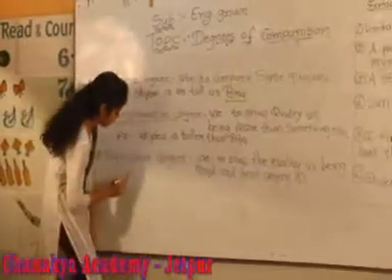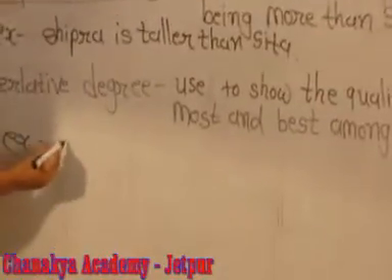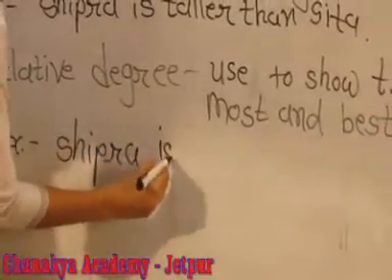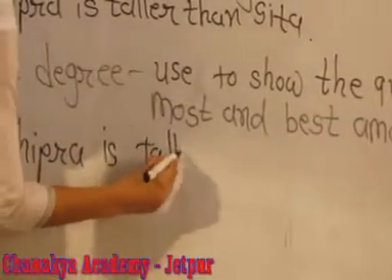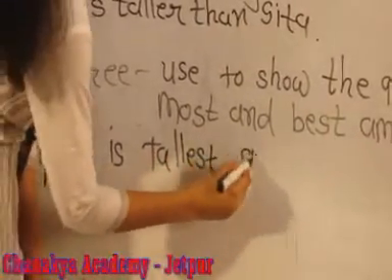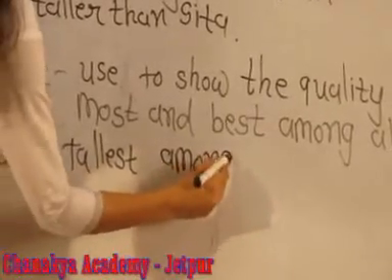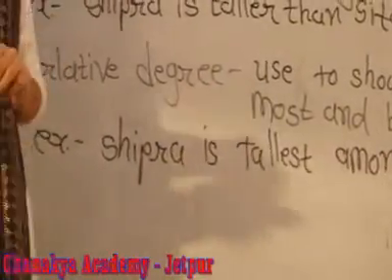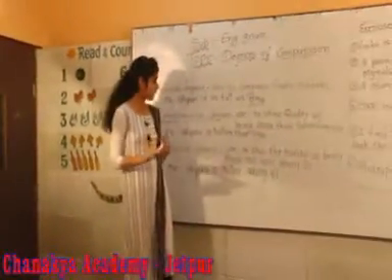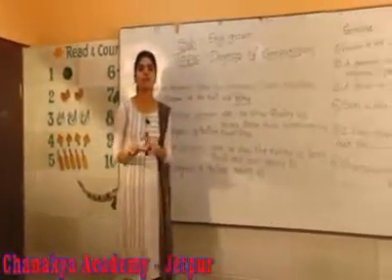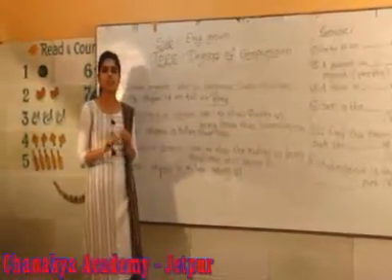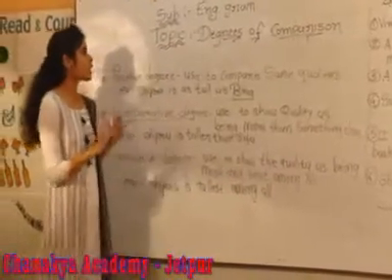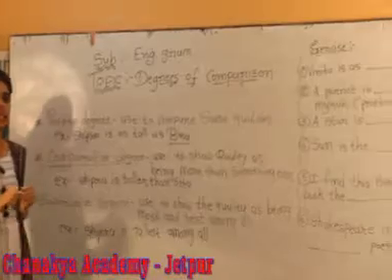As an example: Shipra is tallest among all. Here I am trying to say that Shipra is tallest among all, meaning the height of Shipra is maximum among the present girls. So there we explained the uses of degrees.